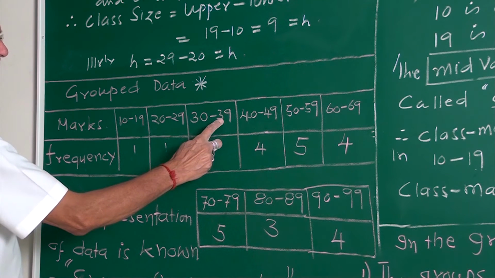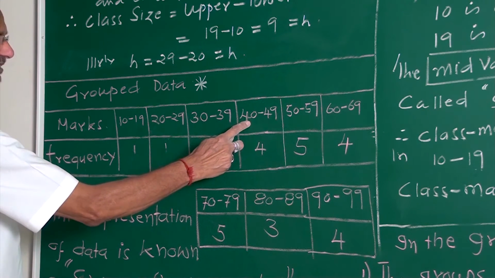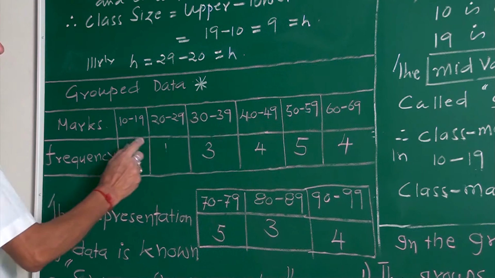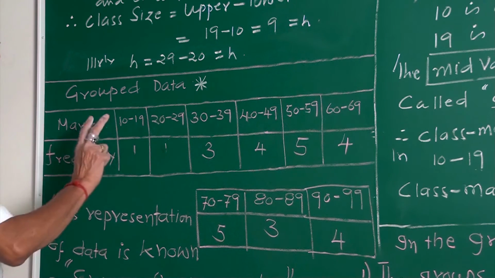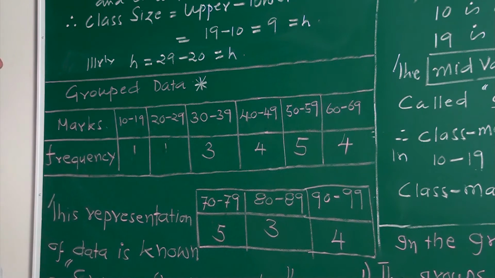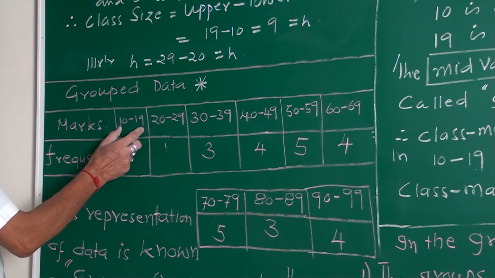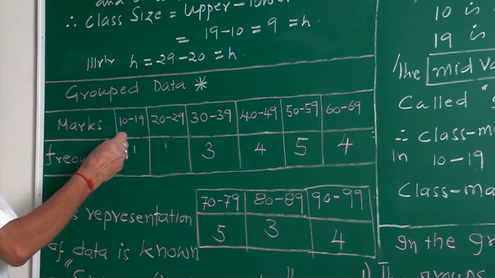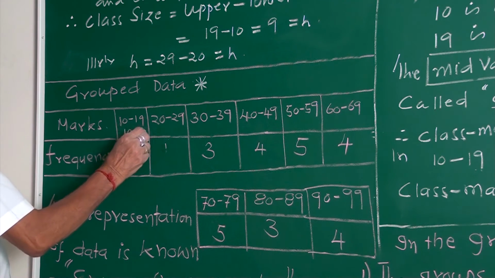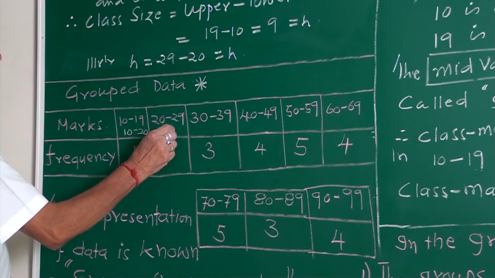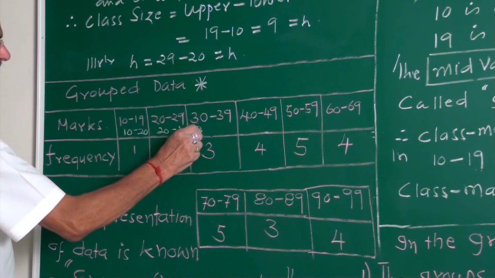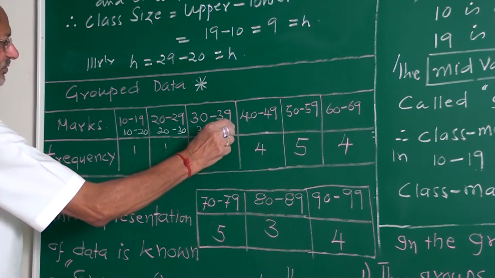See, 39 is upper, 40 lower, which is different. This is called one type of grouped data. What is another one? You may have 10 to 20, next 20 to 30, next 30 to 40, like this.